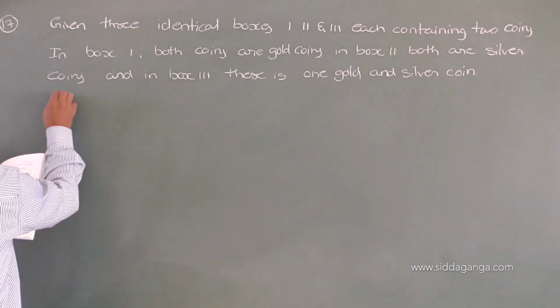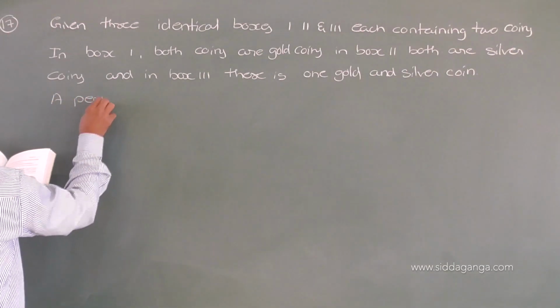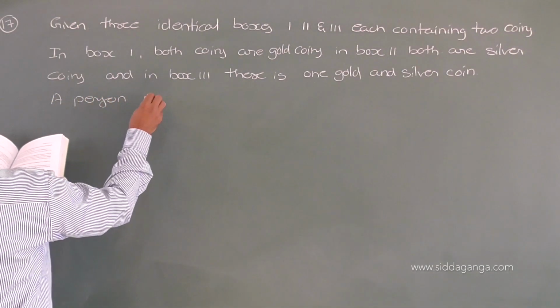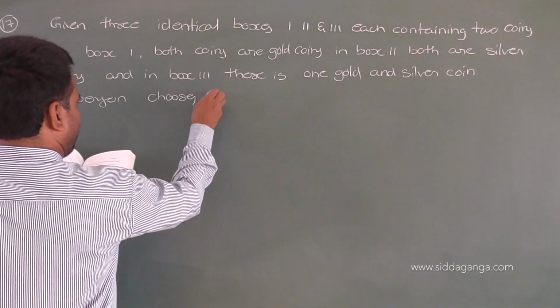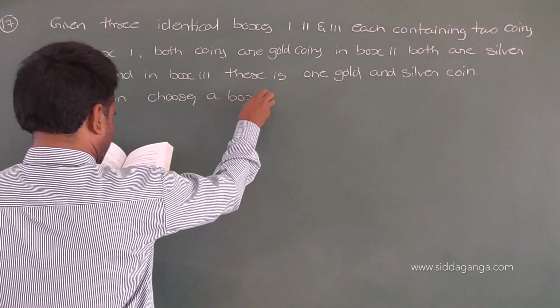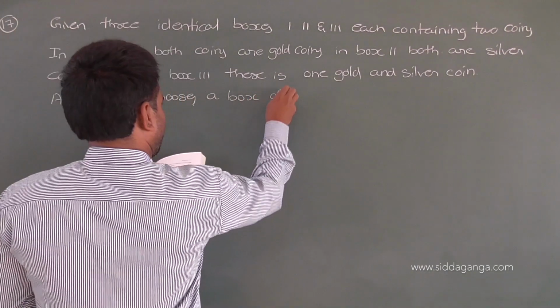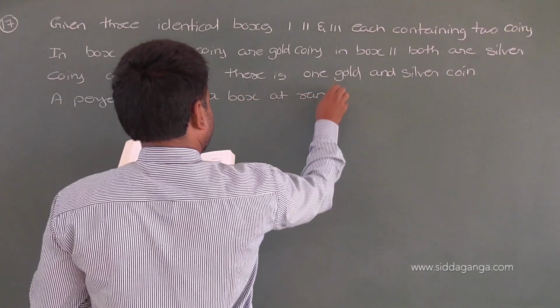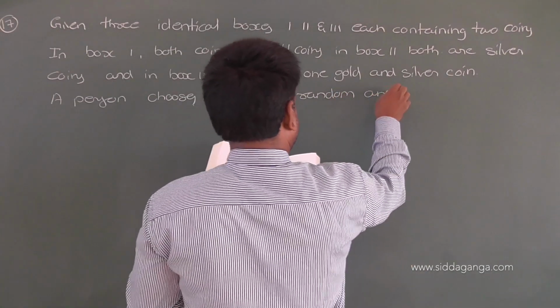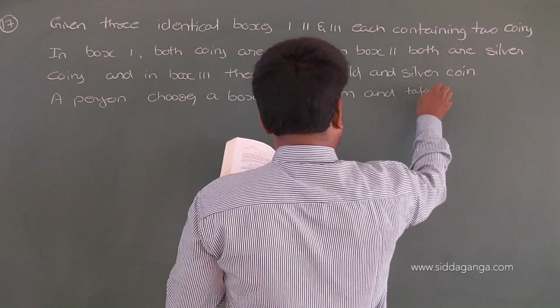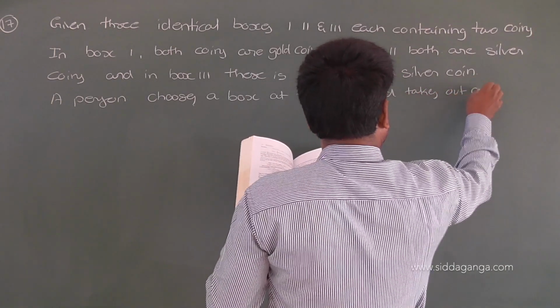A person chooses a box at random, and takes out a coin.